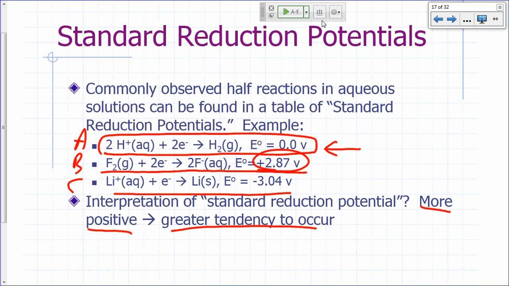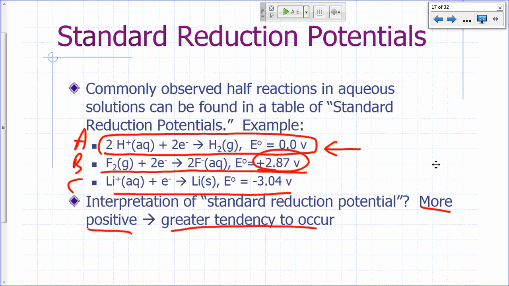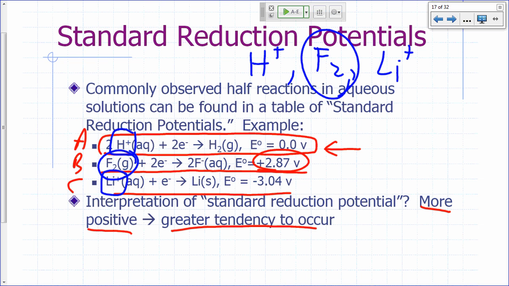Okay, so we say that F2 is the most likely to get reduced, comparing the reactants H plus, F2, and lithium plus. We say F2 has the greatest tendency to get reduced.